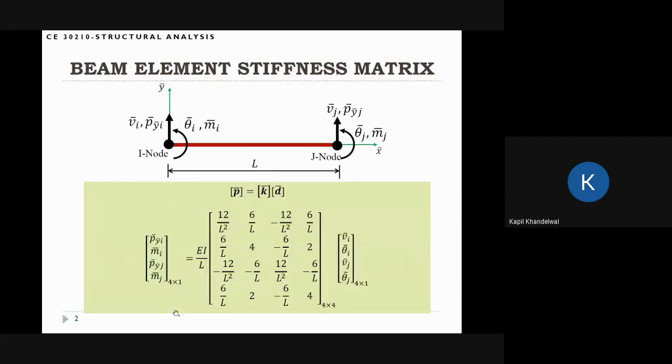What we have learned in the last class is the stiffness matrix for the beam element.